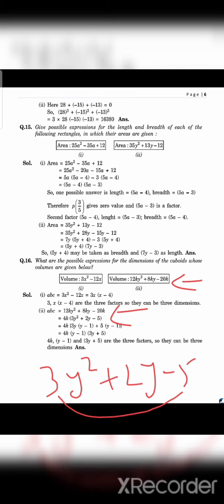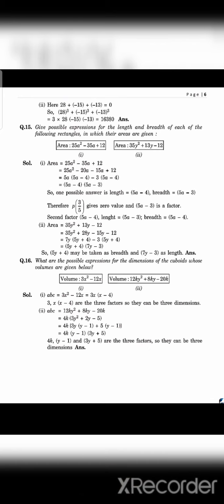In that, first we multiply a into c. Our c is minus 5, a is 3 and b is 2. So we multiply a into c, meaning 3 into minus 5, which is minus 15. Our product is negative and our middle term is positive.